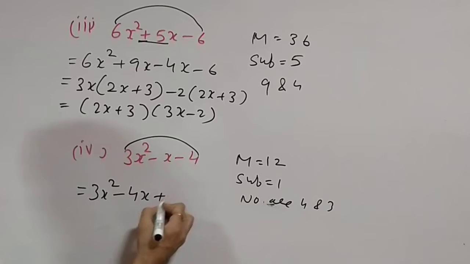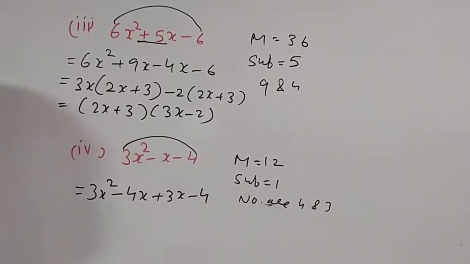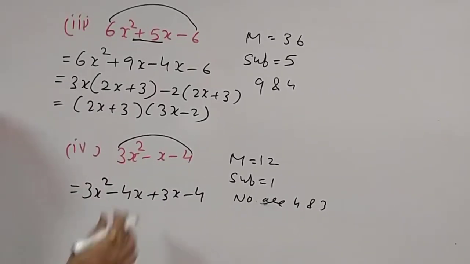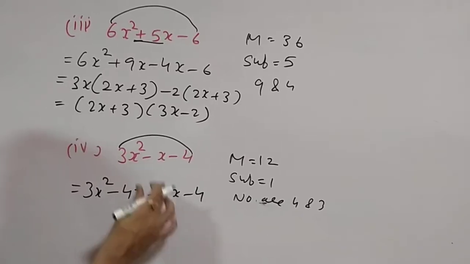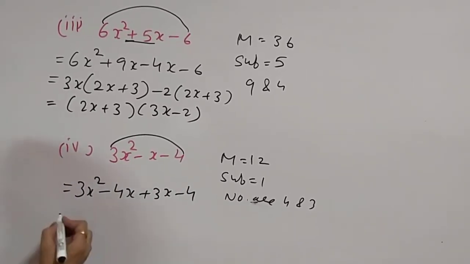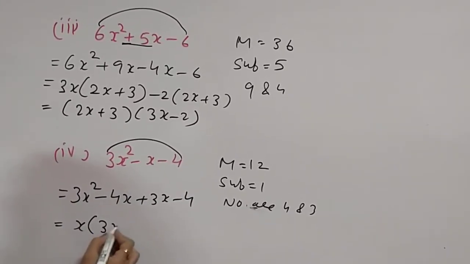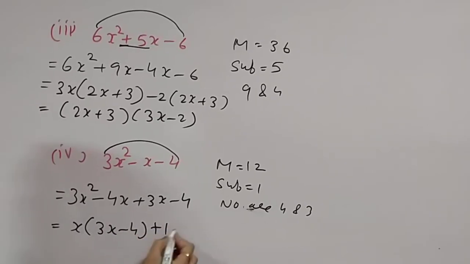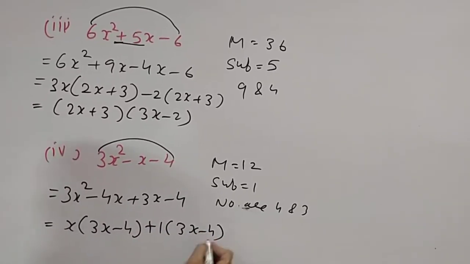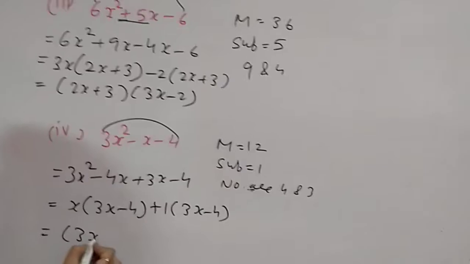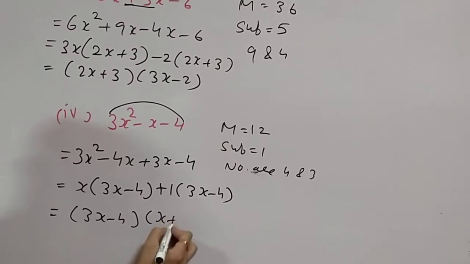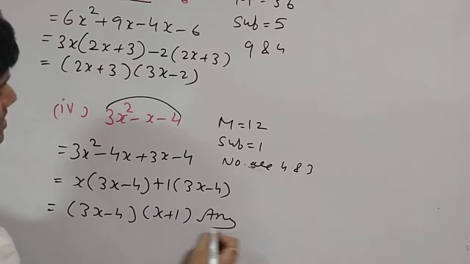Minus 4x plus 3x minus 4. You want minus x. Minus 4 plus 3 is minus x. x common, 3x minus 4. 1 common, 3x minus 4. 3x minus 4 common, x plus 1. So this is the answer.